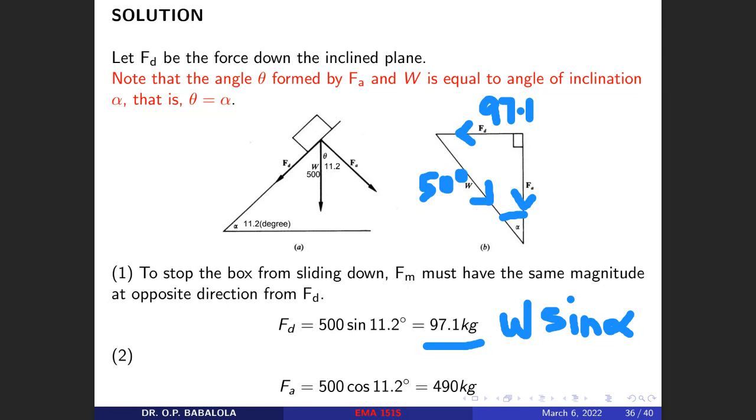Can someone tell me? This is what we're looking for, FA. I'm waiting.